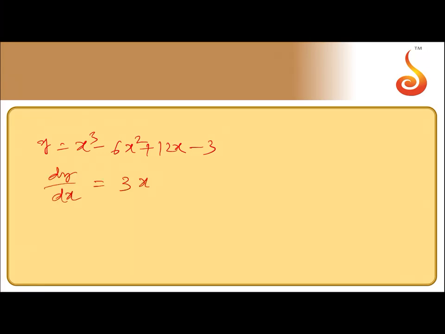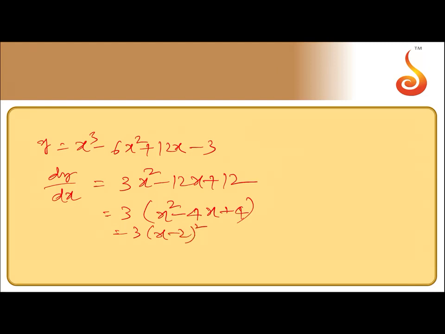The derivative of this is 3x square minus 12x plus 12. Take 3 common: x square minus 4x plus 4. Isn't it 3 times x minus 2 whole square?